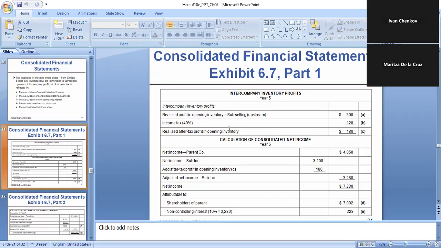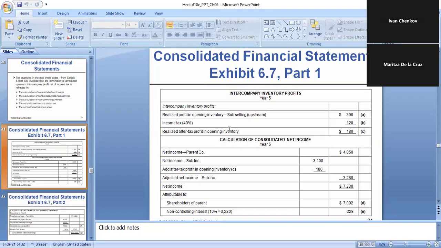So how is the calculation of the income going to be? We're going to get the parent income. Then we're going to get subsidiary income, and we're going to add the realized after-tax income that we just realized on the inventory that we were holding in year 4, but now we're releasing it. And that's going to give us our adjusted income. Plus our income is going to give us the net income.